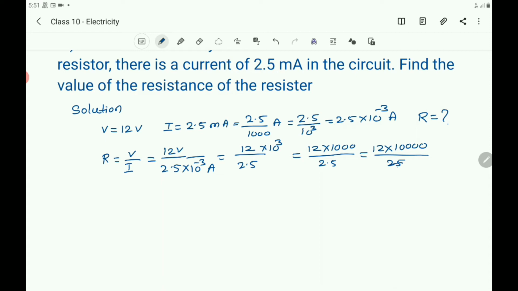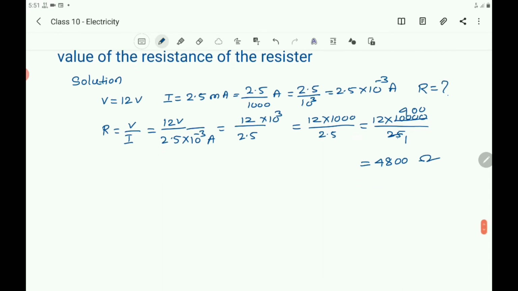Now here you know that 25 ones are 25, 25 fours are 100. So 12 fours are 48 and 12 into 400 is 4800 ohm. What is the resistance of the resistor?